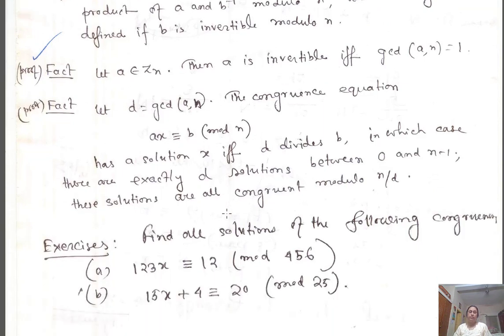So I have given here two exercises. Find the solutions of the following congruences. First you have to check whether a solution exists or not. For the first example, you have to find the GCD of 123 and 456 and check whether the GCD divides 12 or not.